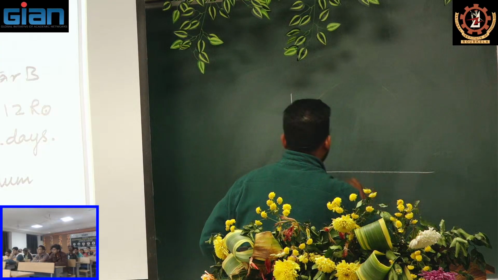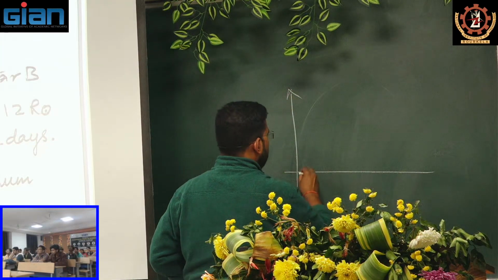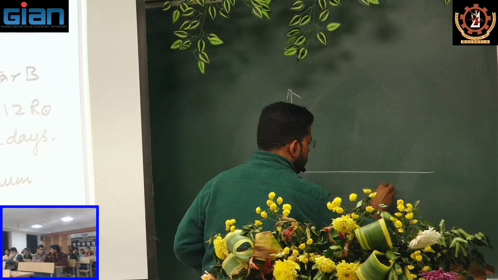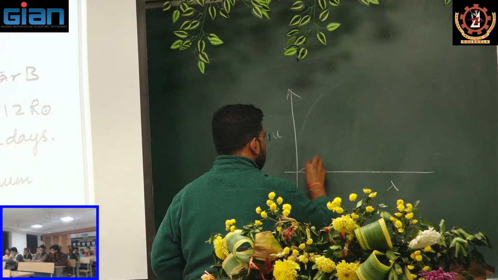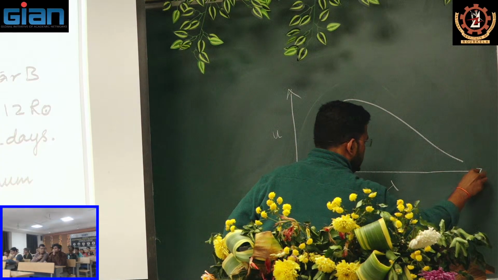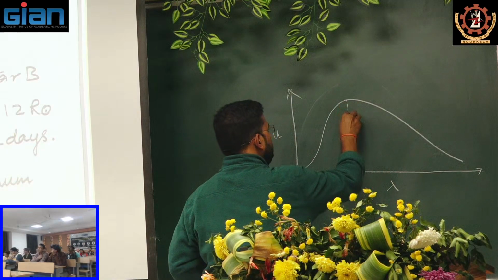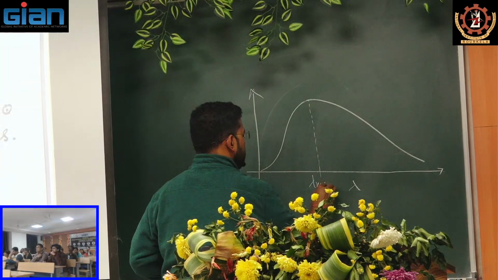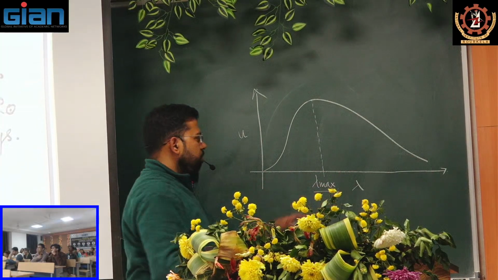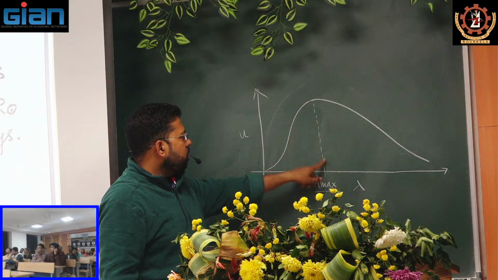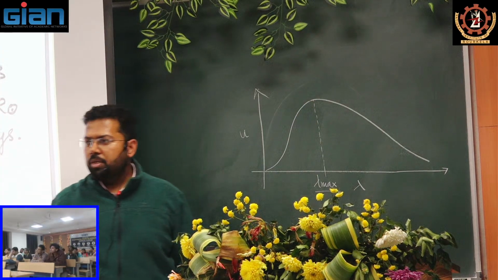If I plot their intensity, brightness or energy density in terms of wavelength, you will get a profile that looks something like this, and this is my lambda max, the wavelength associated with the maximum intensity of the given star.